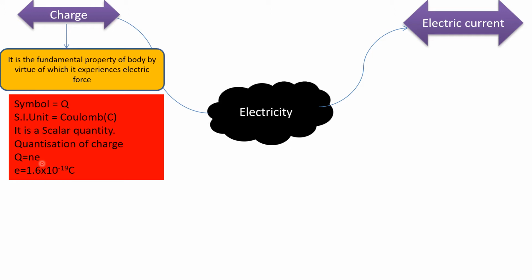So जितना भी charge present होगा, see on a body there would be some negative charge present, right? There would be some positive charge also, but here we're going to consider the electrons. So जितने भी electrons होंगे into the charge of each electron will give me the total charge on the body. That is the quantization of charge.